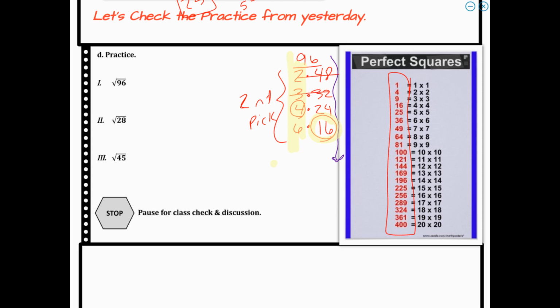If you've jumped around to try to find your factors, then you may have skipped one. So we don't need to use this one now because we have our perfect square of 16. So the square root of 16 times the square root of 6. Well, the square root of 16 can be simplified to what?